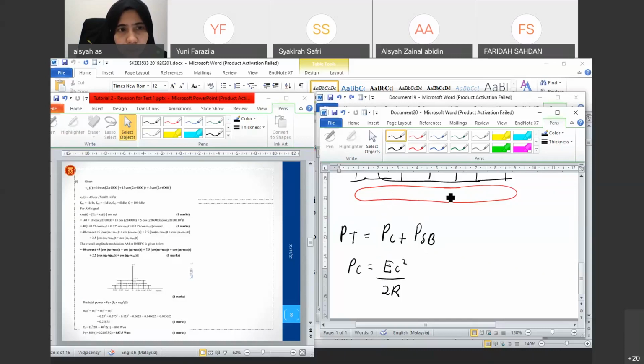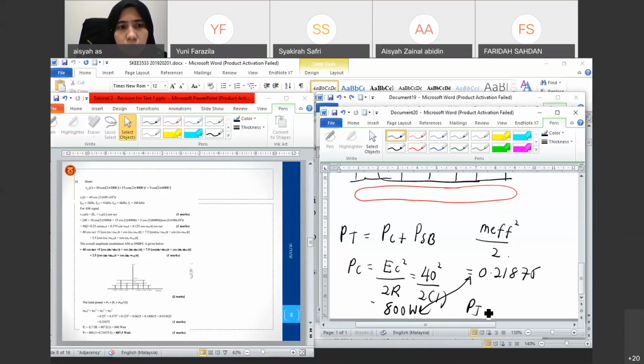For the sidebands, you can calculate one by one, but you can also use the formula M effective squared over 2, which gives 0.21875. With R equal to 1, you should get 800 watts for PC. So the P total is the sum of these two.